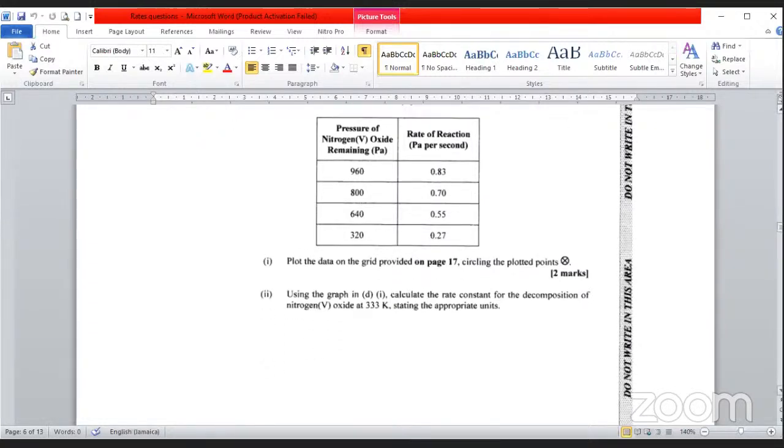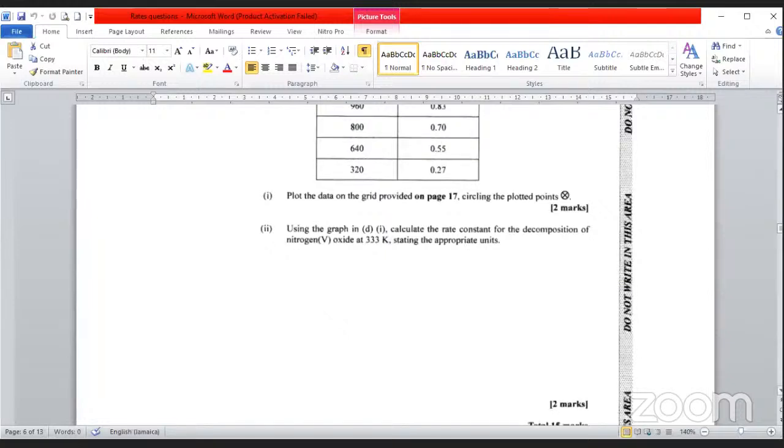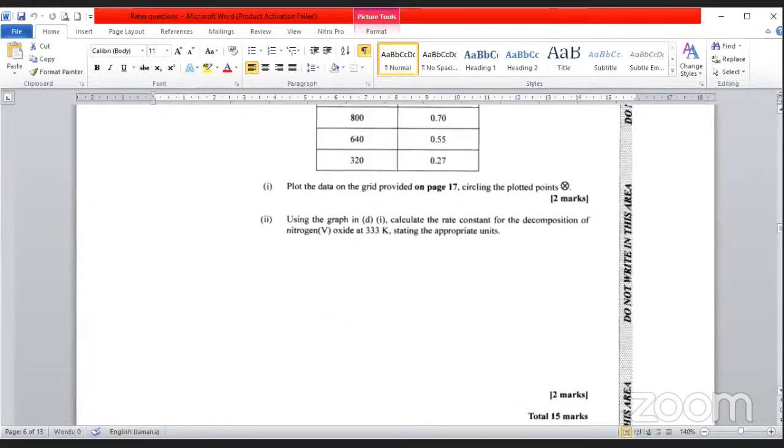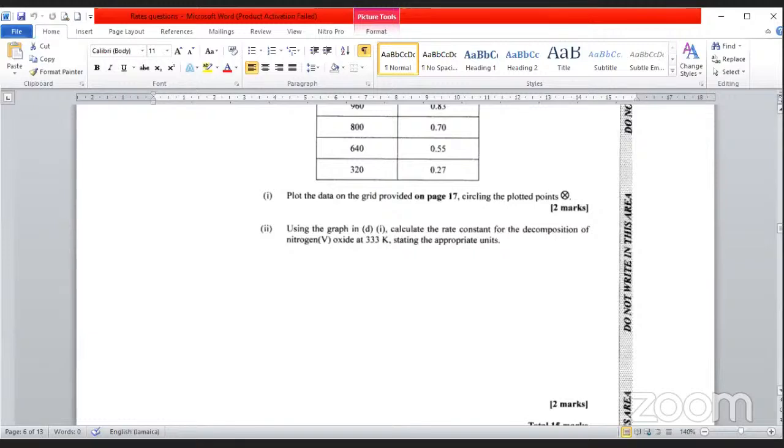Using the graph in D part 1, calculate the rate constant for the decomposition of nitrogen 5 oxide at 333 Kelvin, stating the appropriate units. You should use a ruler, if it's a straight line, yes, and it would be a straight line. All right.